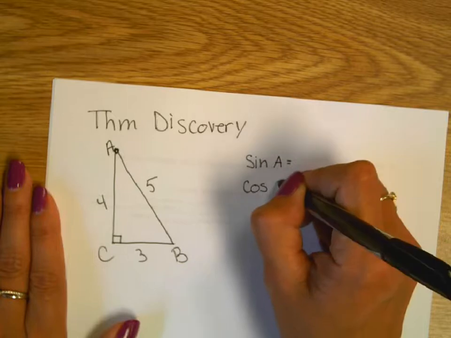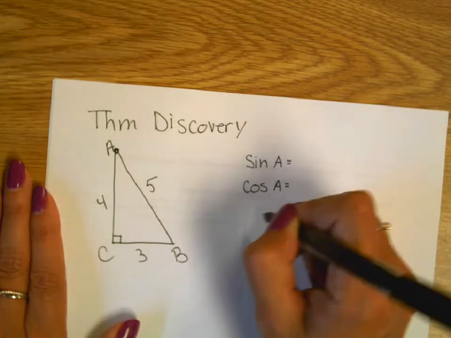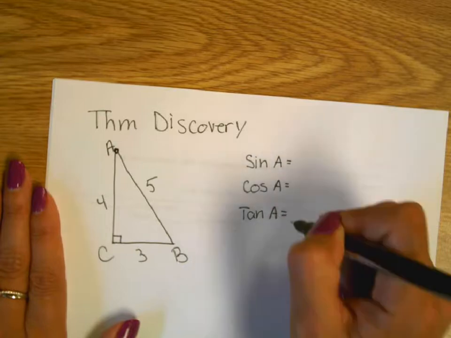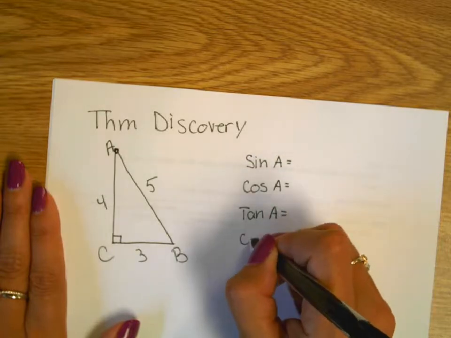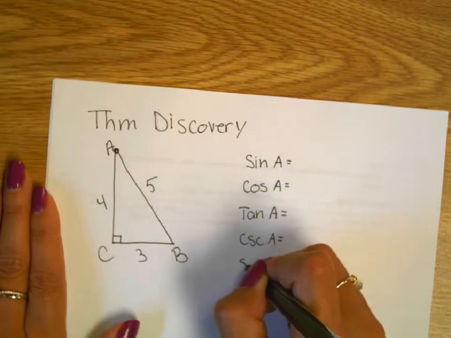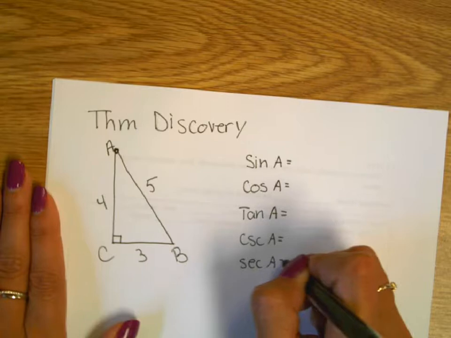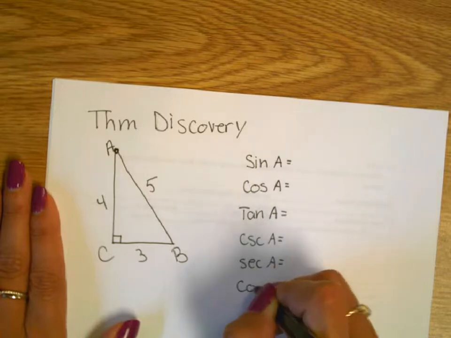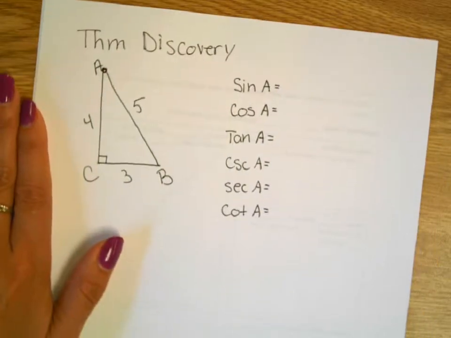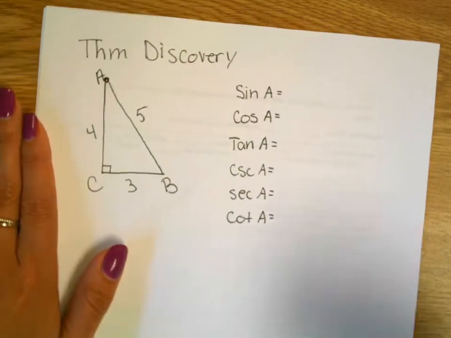Sine, all from A. Okay, go ahead and fill in all 6 ratios real quick, standing from A.